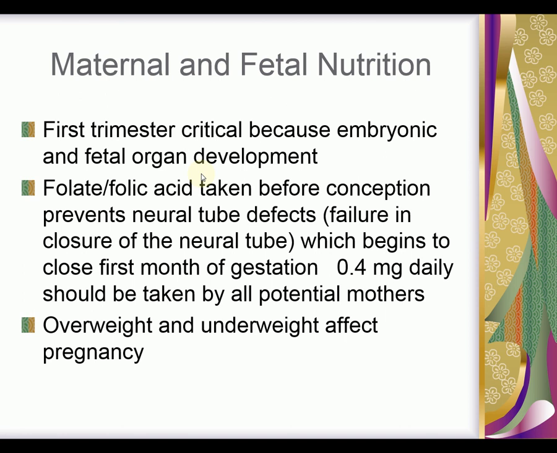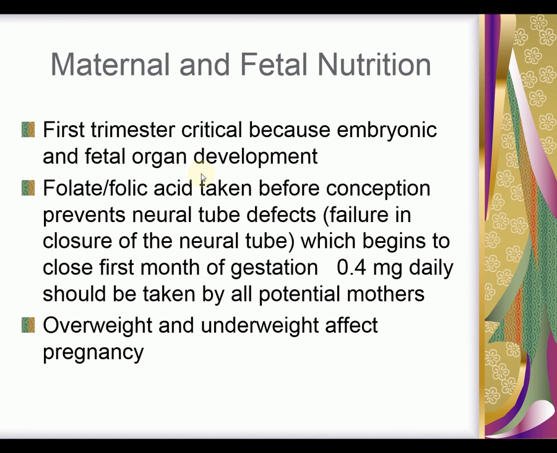So what are some things that we really want to see in maternal fetal nutrition? Again, that first trimester, especially those first 8 weeks of embryonic development, is critical because of that fetal organ development.